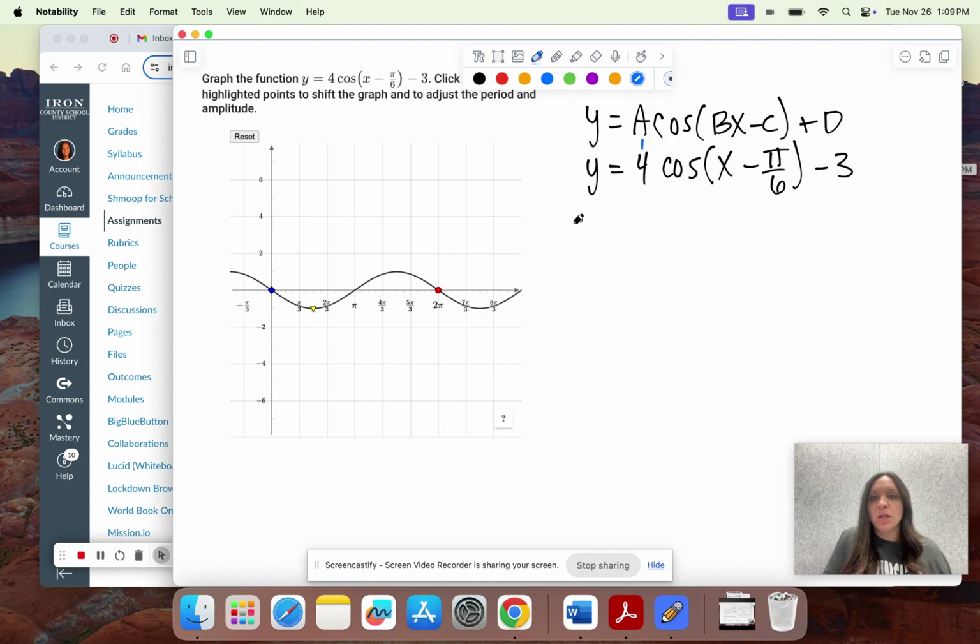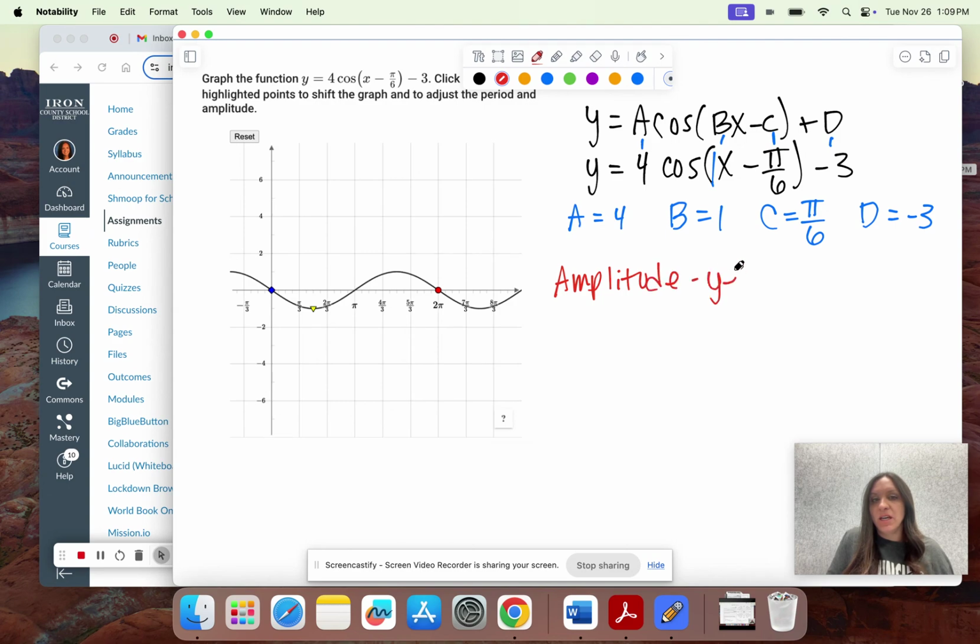So a is 4, b is the number by x, which is just 1. C is the number after the minus sign, so pi 6. Remember, it's the opposite sign of in the parentheses. And d is -3. So when you go through these, I want you to start with the amplitude.